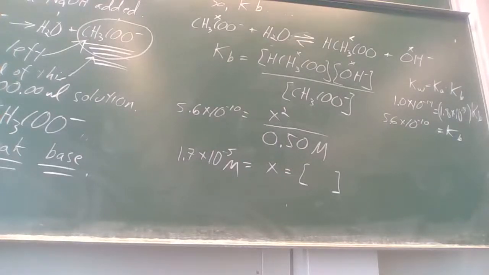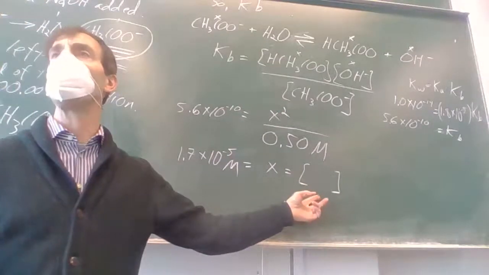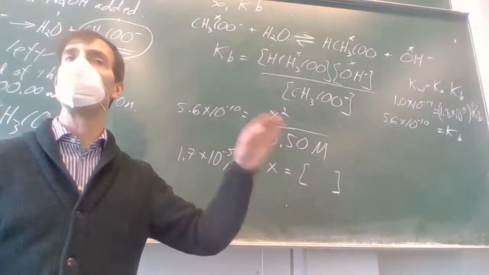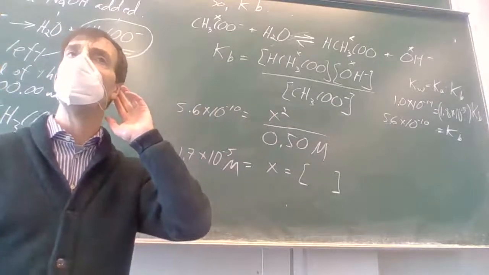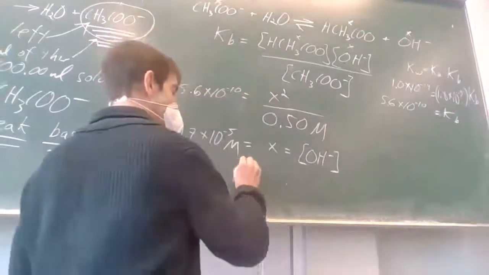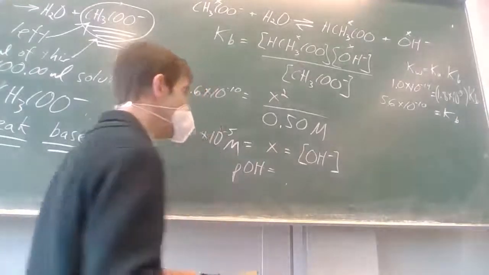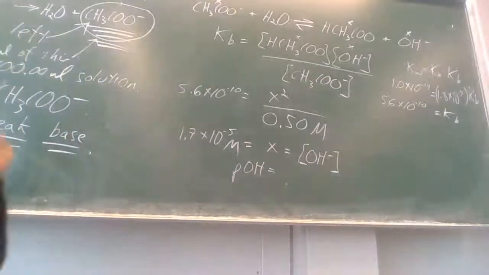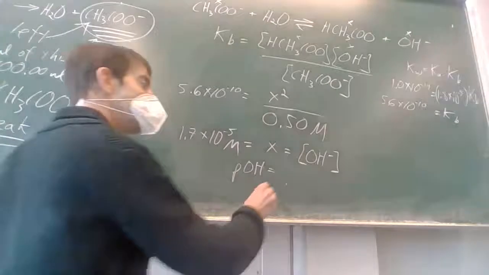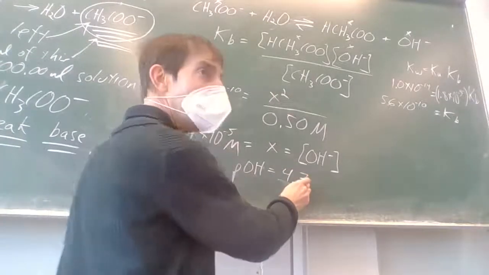Thank you. Okay. So what is that? What is the important thing we found here? Why are we on our way? Amina? OH minus. Beautiful. Let's get the POH, can we? And it is, Anne-Sophie? 4.8 rounded?